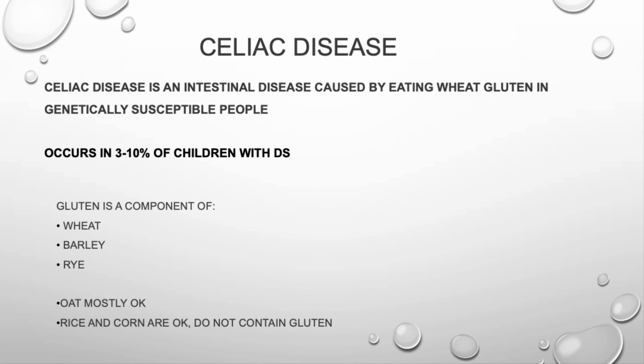Other things, as you will learn, do not contain gluten, like oat, rice, and corn. So there are alternatives and things that you can do if you have issues related to celiac disease.